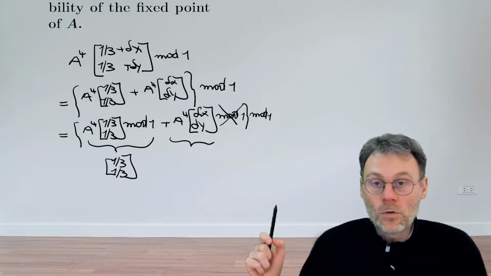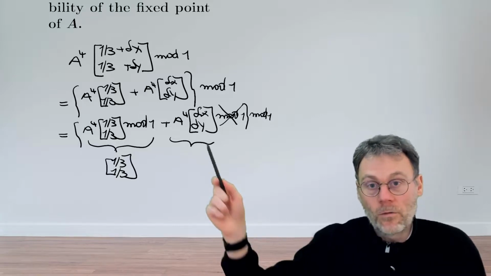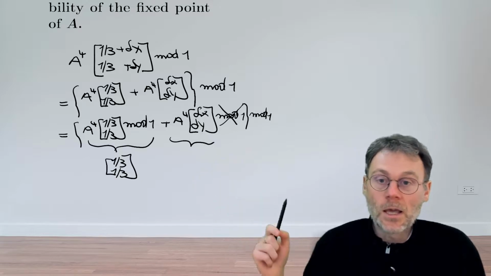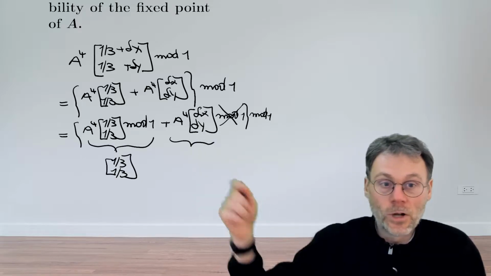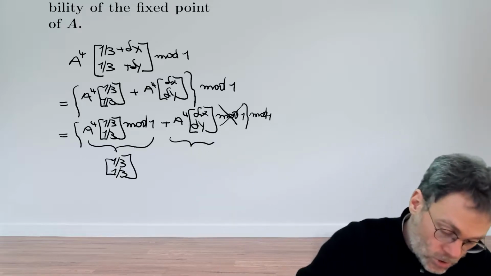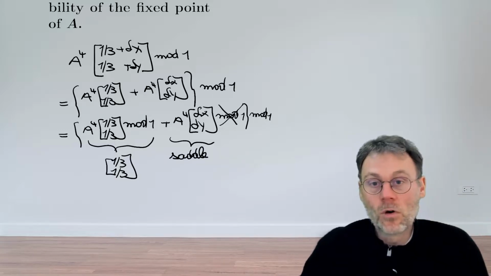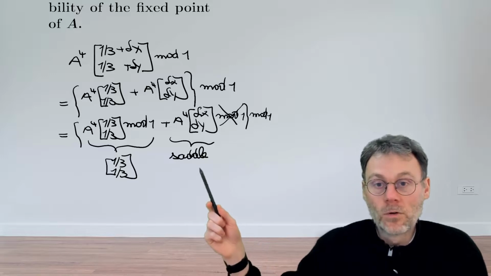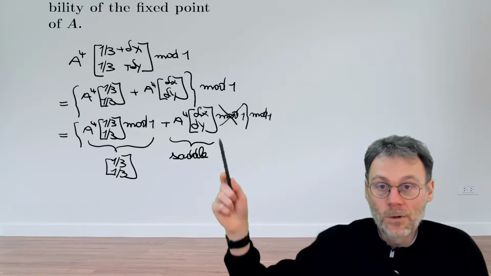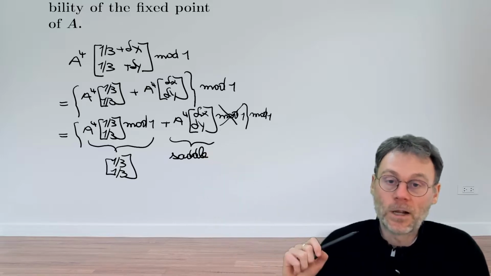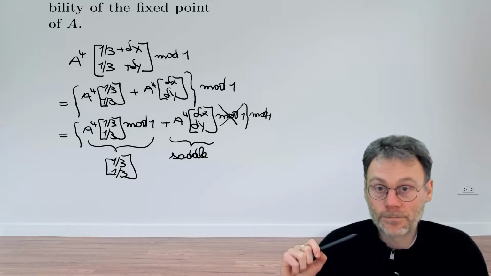But we do know that the origin, of which this now is a small perturbation, is a saddle point of our original linear map. So this contribution is a saddle point, and in general this will not go towards 0. It will only go towards 0 if you're on the stable manifold of this particular saddle point of our linear map.